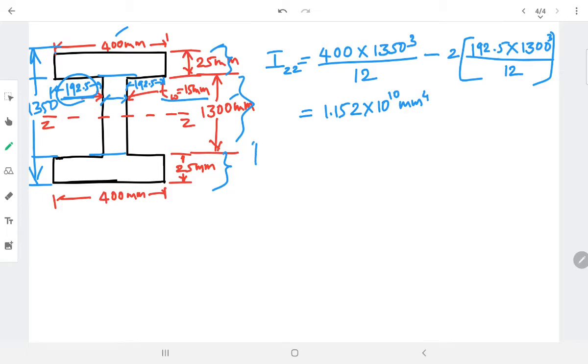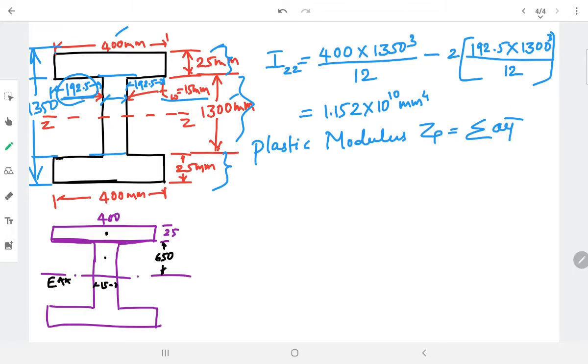After this we need to calculate the plastic modulus, which is very much needed in the moment of resistance. So the plastic modulus is ZP, which is given by summation of A Y bar. To calculate this ZP, you can see here, ZP equals twice of, because it is a symmetrical I section, twice of A of first, I'll take this as the first area, so it will be 400 by 25 first area, into Y bar.